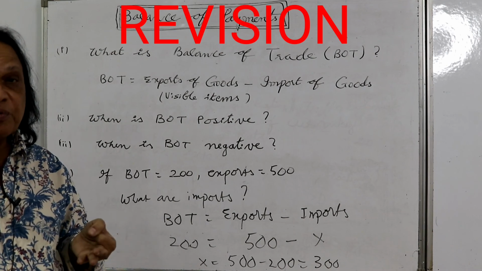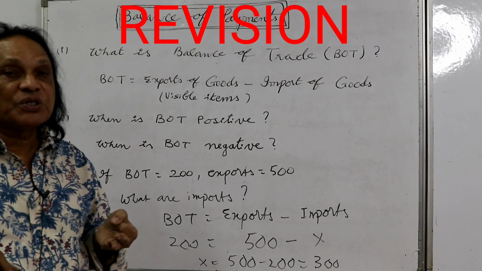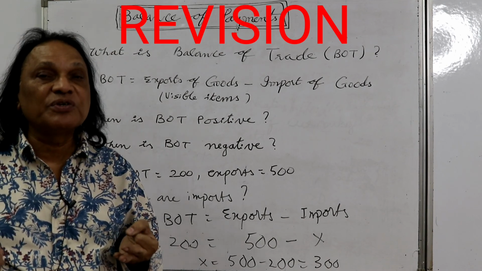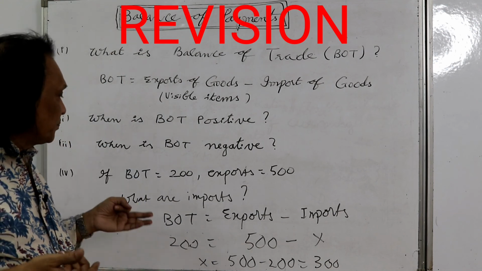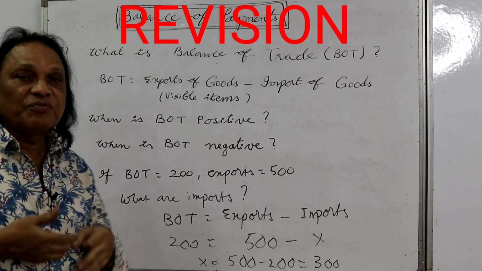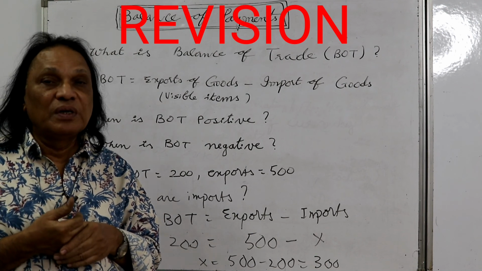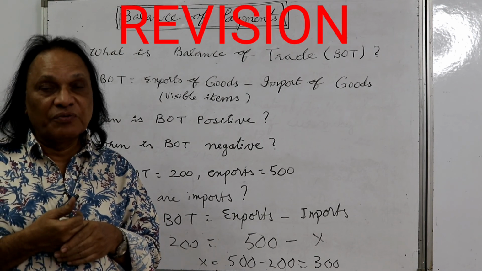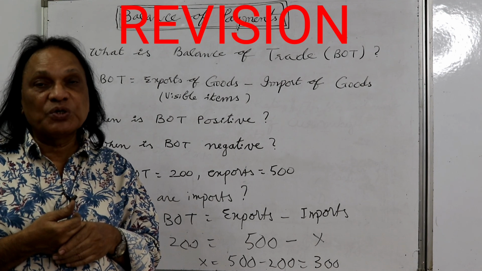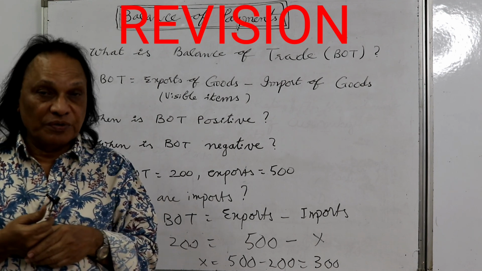That is unfavorable BOT, when imports of goods is greater than export of goods, and then a small numerical which you can do easily. So that is BOT. When do you have a balanced BOT, or when is BOT 0? When exports of goods is equal to import of goods.